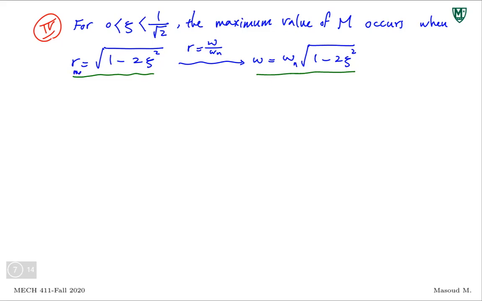I'm just going to go with max, but just keep in mind that this max means where the maximum amplitude occurs. It's even smaller than omega d, the damped natural frequency. Remember, what was omega d? Omega d was omega n square root of 1 minus zeta squared. This is even smaller than that.